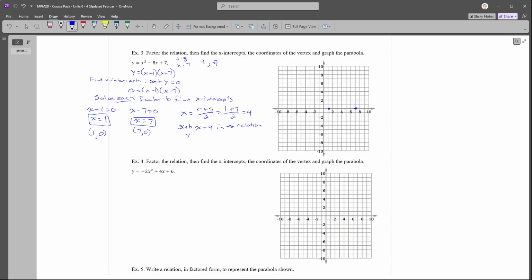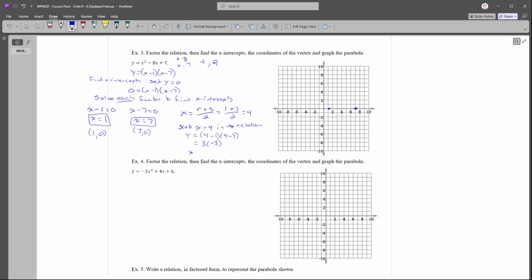So we have y is equal to our entire relation. You can do the factored form, which is probably the easiest way here. So we have x, which is 4, minus 1 times 4 minus 7. So that's the same thing as saying 4 minus 1, that's 3, multiplied by 4 minus 7, that's negative 3.